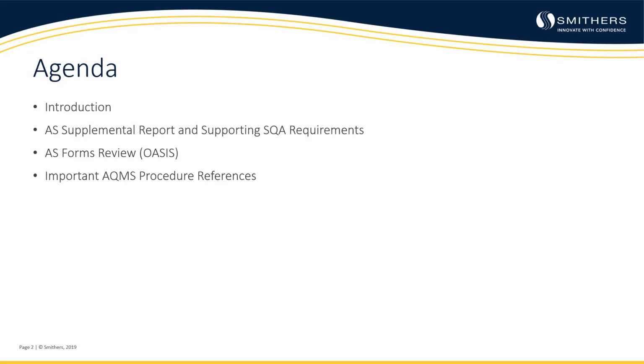We'll then dive into the AS supplemental report, some of the supporting SQA requirements. We'll then talk about AS forms review, similar exercise to what we did last year, but with some additional areas of concern and auditor reminders. And then finally, we'll end with some important AQMS procedure references.